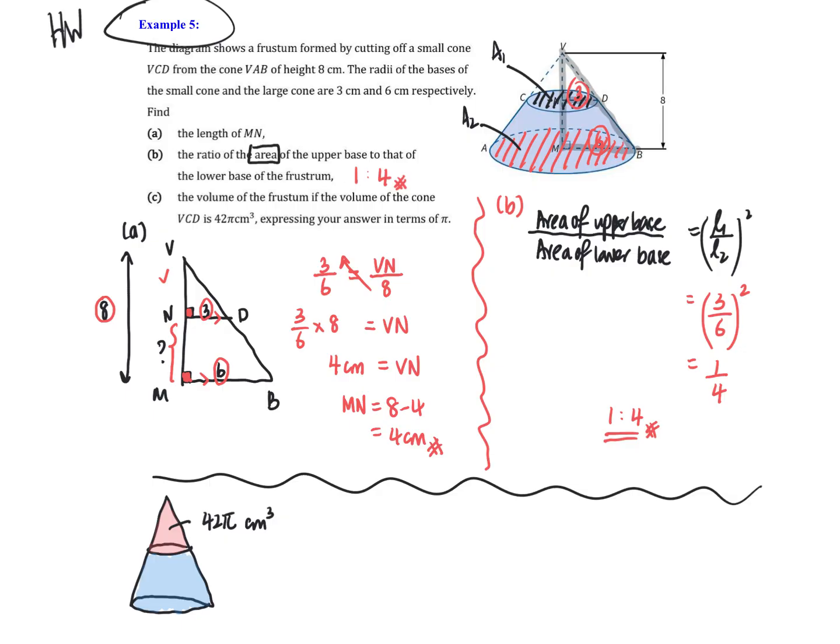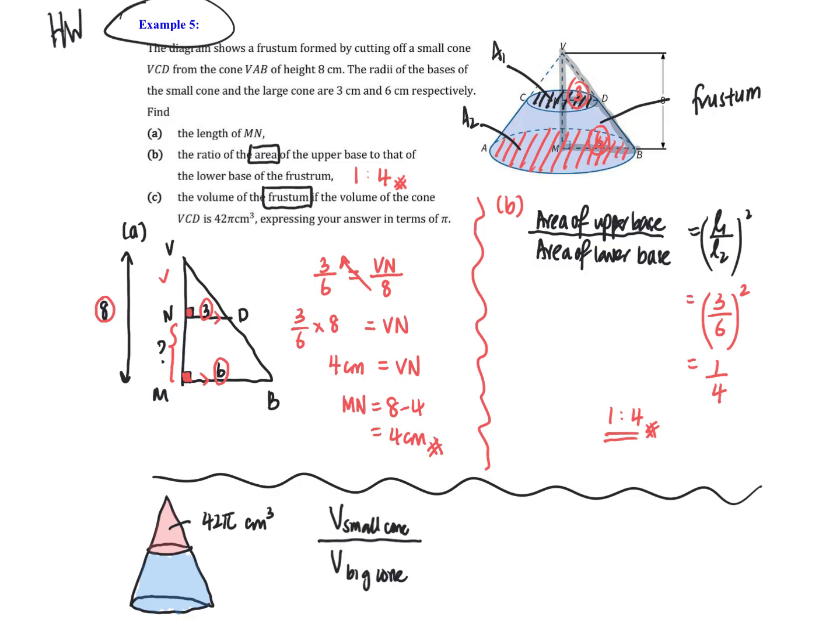Okay, so what I know is the volume of the small cone and the volume of the big one. No, they want the small part. The blue portion only with the missing top cone. Yes, this part is a frustum.